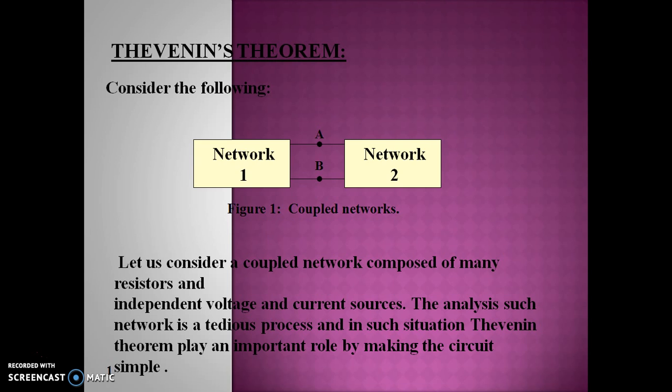In such situation, Thevenin's theorem plays an important role by making the circuit simpler. That is, this application of Thevenin's theorem makes the circuit into an equivalent voltage source in series with a resistance.